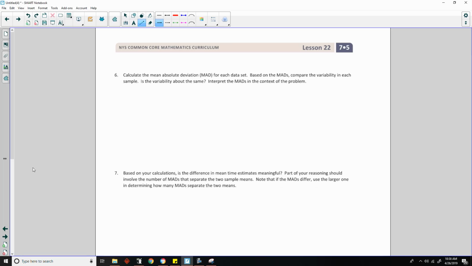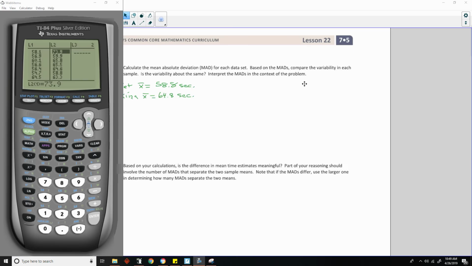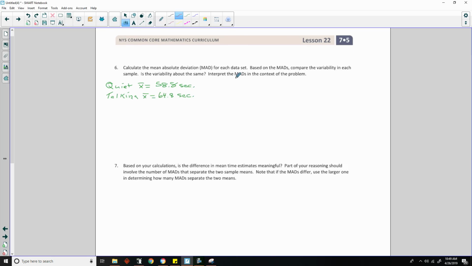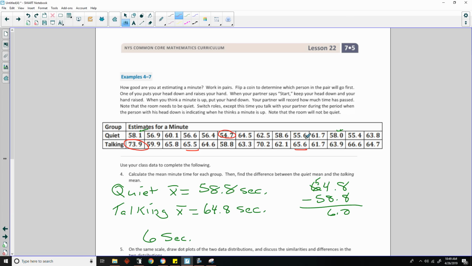Number 6 says calculate the mean absolute deviation for each data set. Based on the mean absolute deviation, compare the variability in each sample. Is the variability about the same? Interpret the MADs in the context of the problem. Recall that for a mean absolute deviation, you take the mean and subtract every value in your data set from the mean to get a deviation.